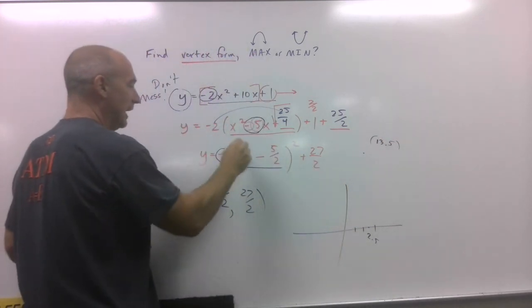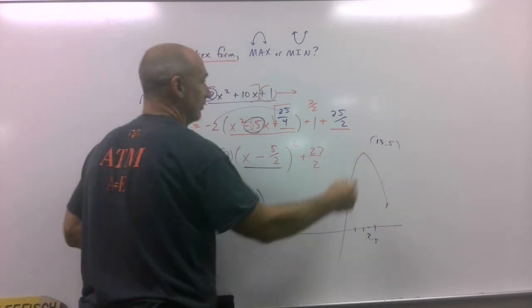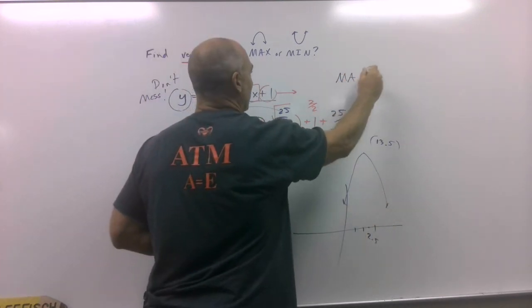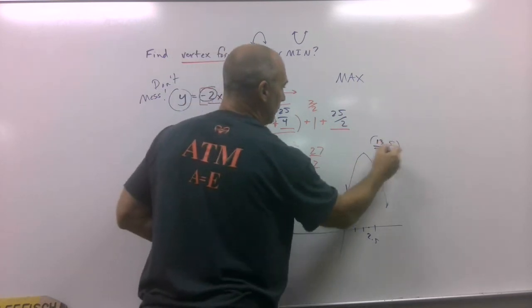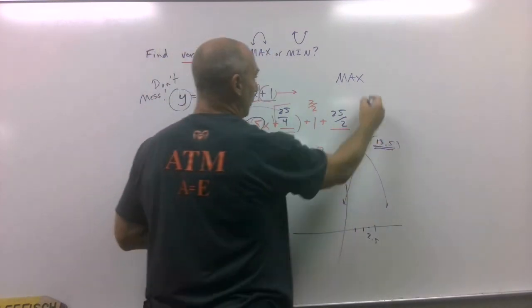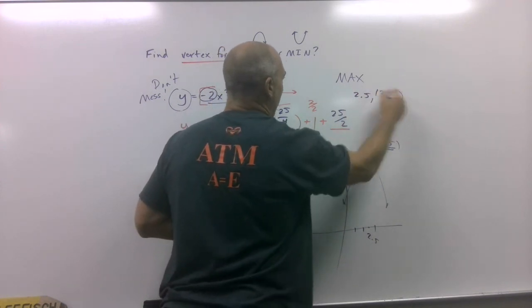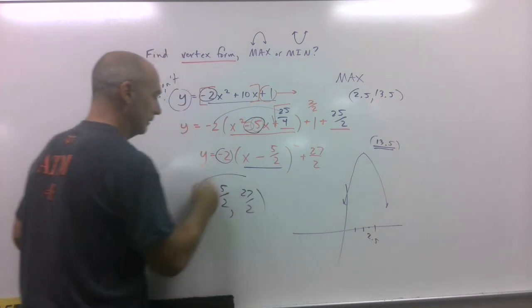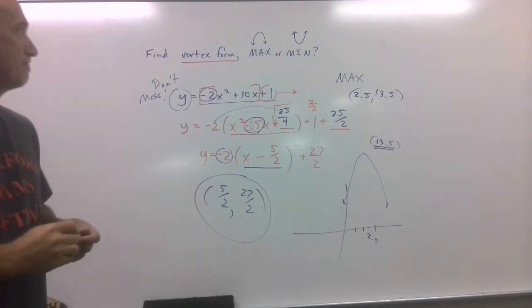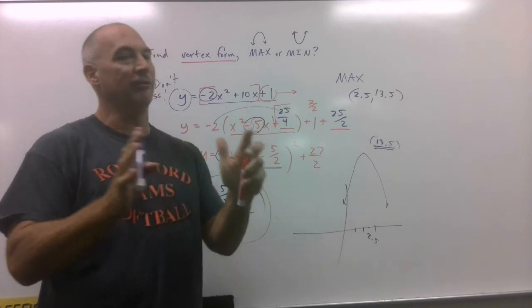And because that's negative, it's going to be skinny and it's going to go down, which tells us it has a max. And that's the maximum value of this actual problem. If they ask for the actual point, it's (2.5, 13.5), which is the same thing as that. So there you go, completing the square. Some are hard, some aren't so bad.